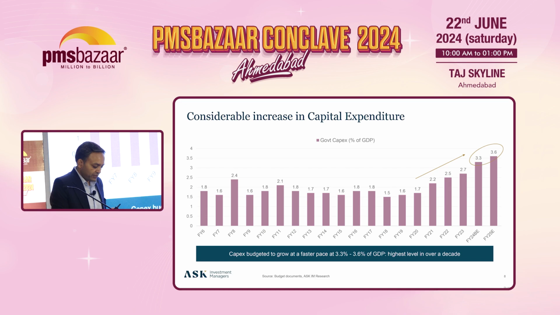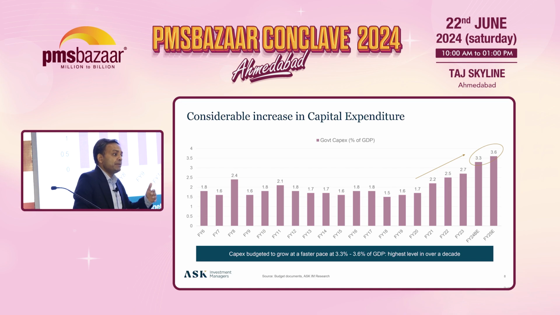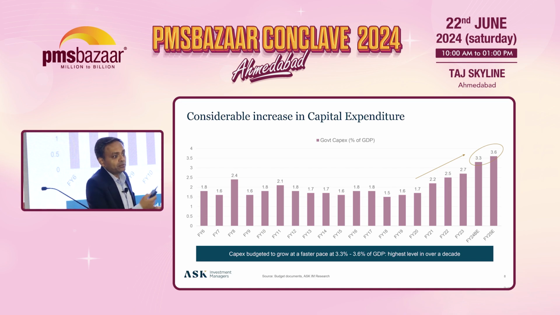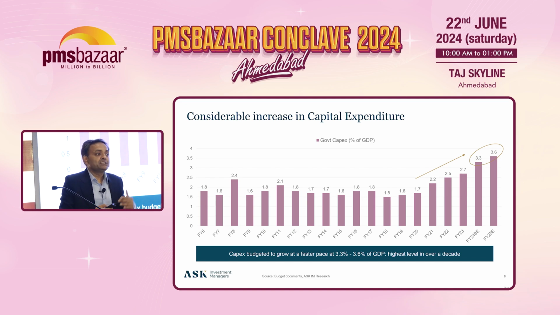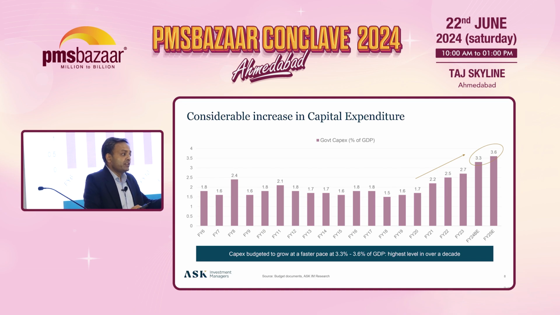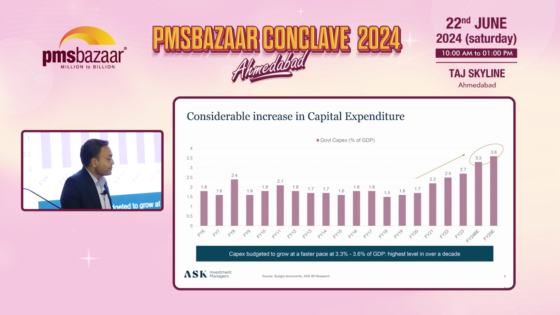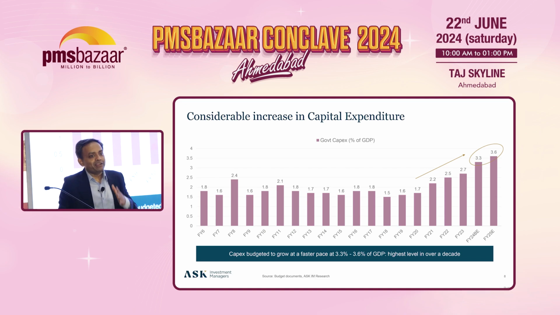On top of this, we will also see spending by the state governments. Let's say perhaps there are new government formations that have happened, and those governments in respective states will accelerate spending on infrastructure. And over and above this is going to be the spending of the private sector.